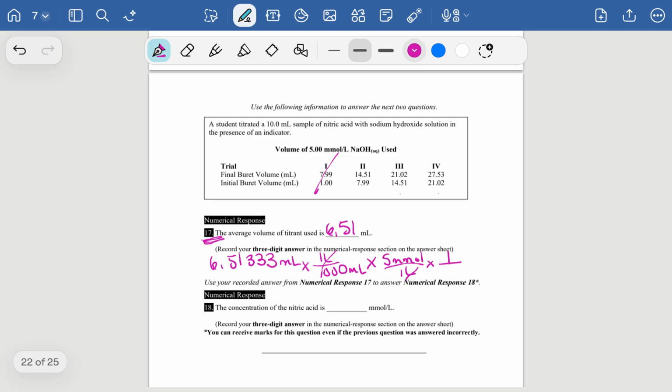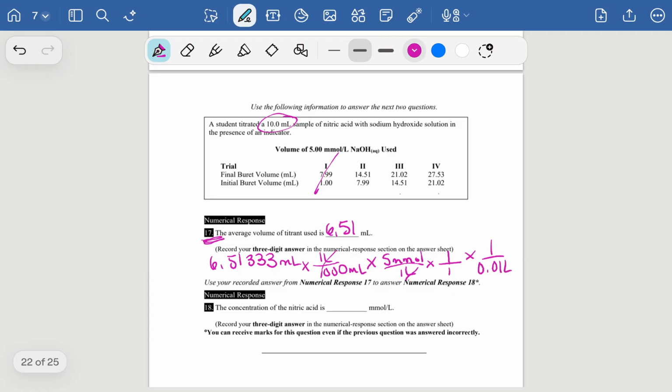This is a 1-to-1 ratio, so multiply it just to change from moles of the base to moles of the acid. And then lastly, I want to divide by the volume used, and I had 10 mL in each sample, so turning that into liters would be 0.01.